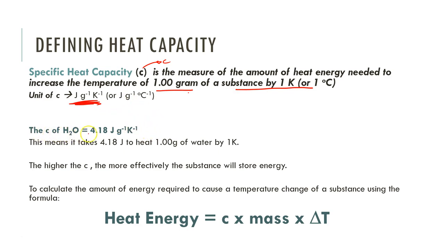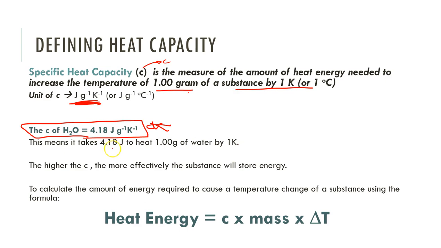The specific heat capacity of water is 4.18 joules per gram per Kelvin, and this is actually given in your data booklet. This means that it takes 4.18 joules of energy to heat 1 gram of water by 1 degree, or 1 Kelvin.